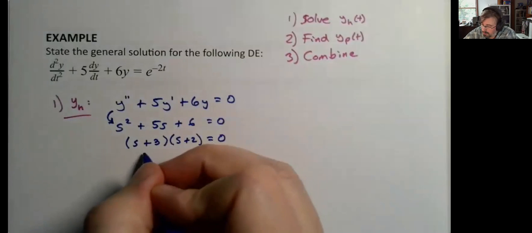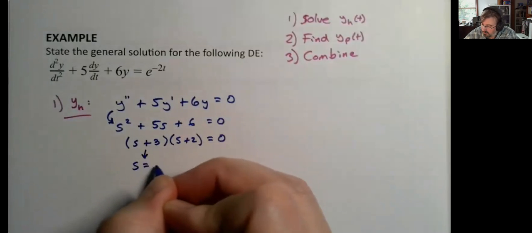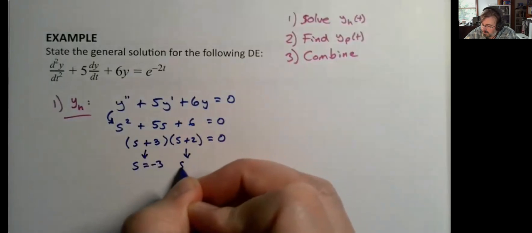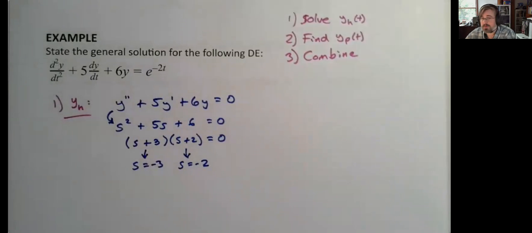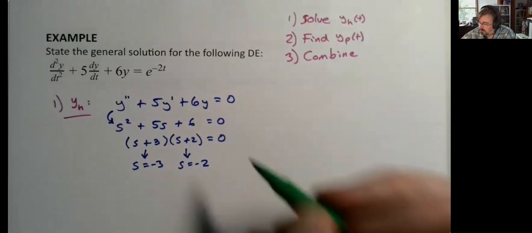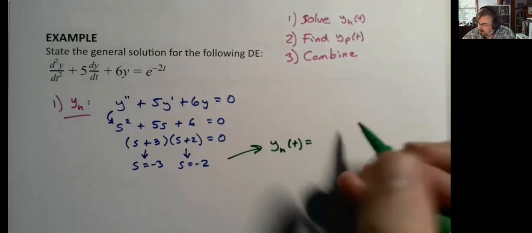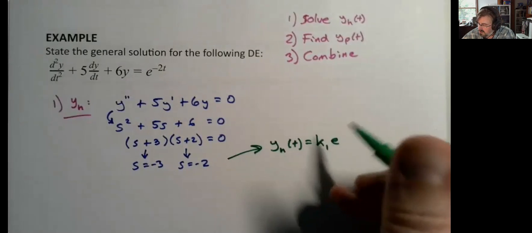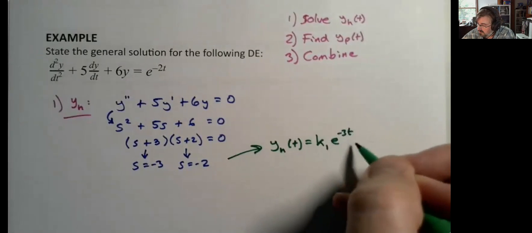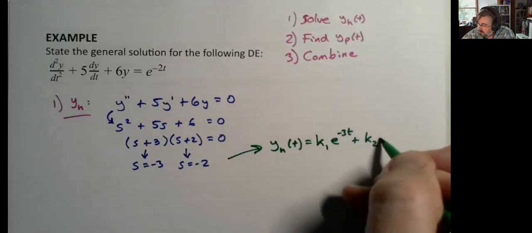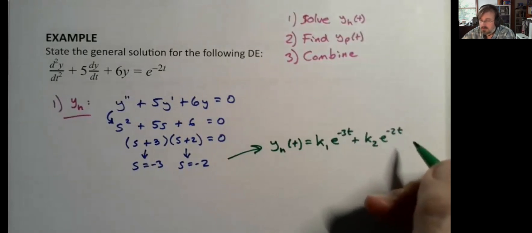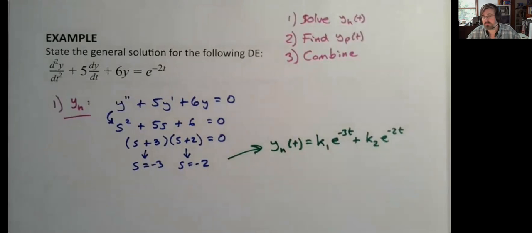And so we have two possible eigenvalues, which are -3 and -2. So pretty boring. This leads us to a homogeneous part of the solution, which is just k1 e to the minus 3t plus k2 e to the minus 2t. So step one, not particularly tricky because, go figure, it's pretty easy to factor that polynomial.